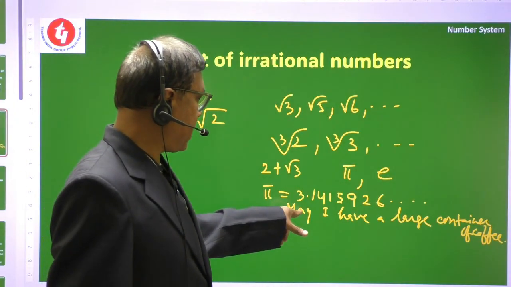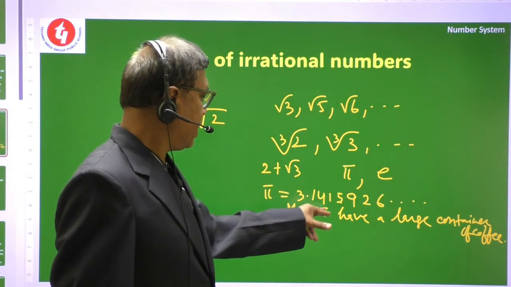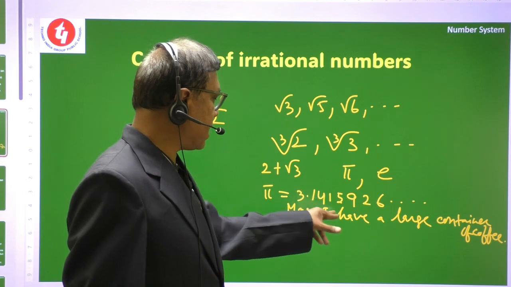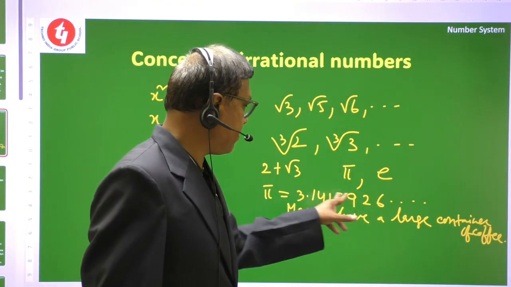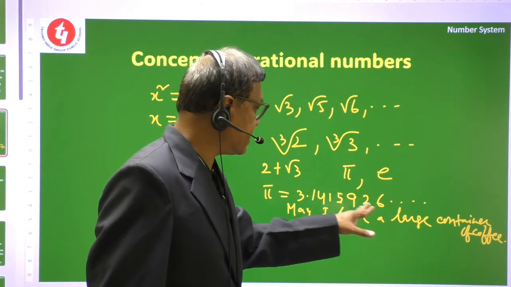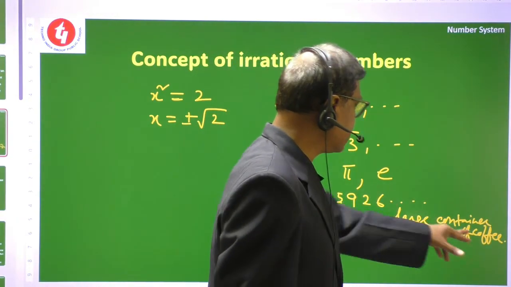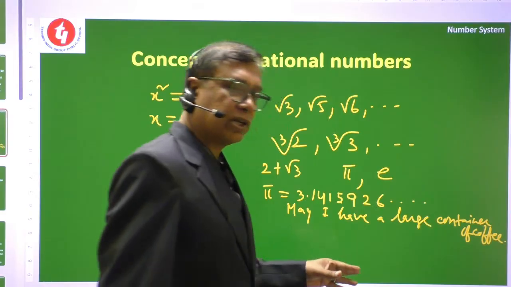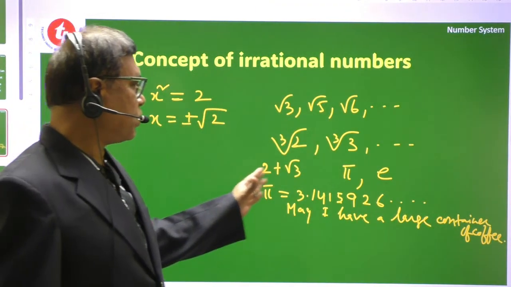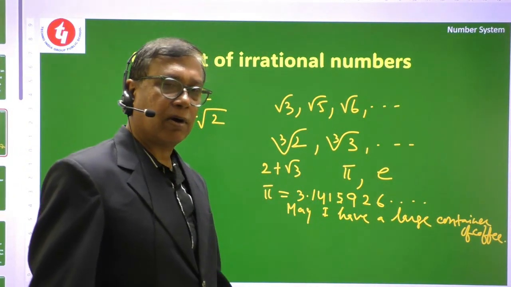Check it. May means 3 letters, so 3 point. I means 1, have 4, a means 1, large means 5 letters, container means 9 letters, of 2 letters, and coffee 6 letters. So easily we can remember up to 7 decimal places the value of pi.